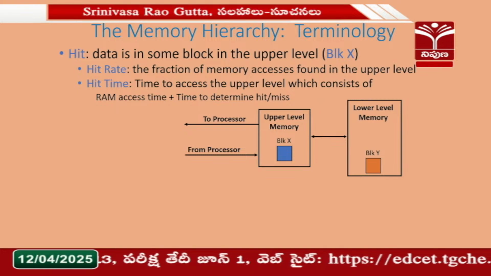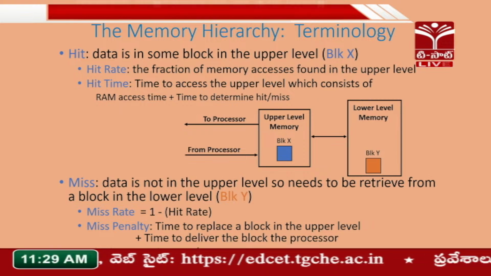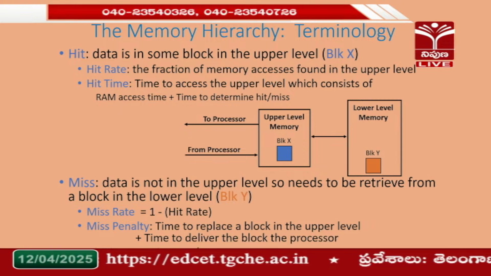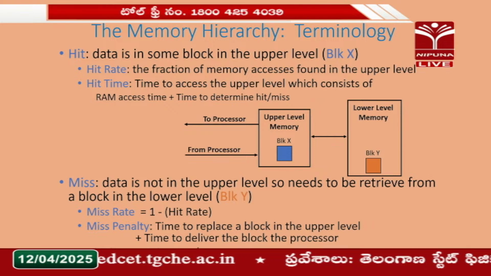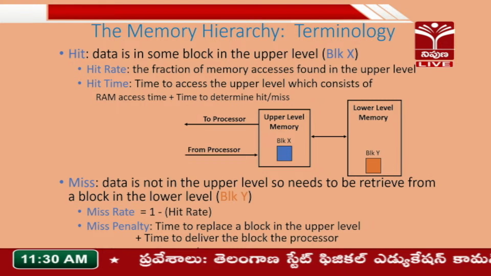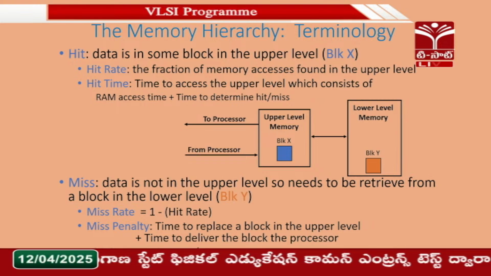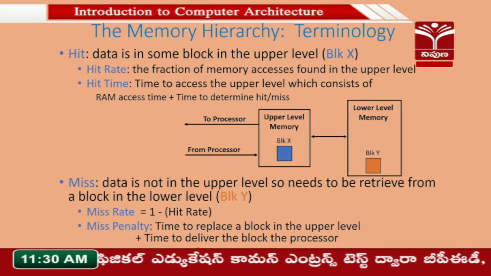Right. But if it's a miss, because the data is not present in the cache, the pipeline has to wait, and then you have to get the data from the main memory, put it in the cache, and depending upon the bandwidth of the main memory, how quickly you can bring it to the cache determines how long you are waiting.